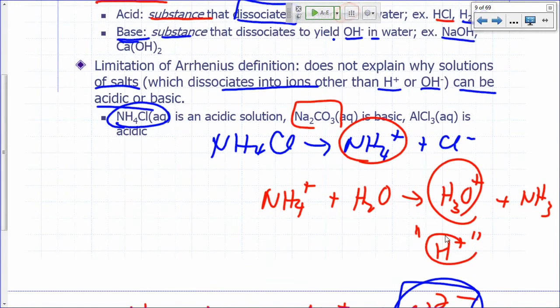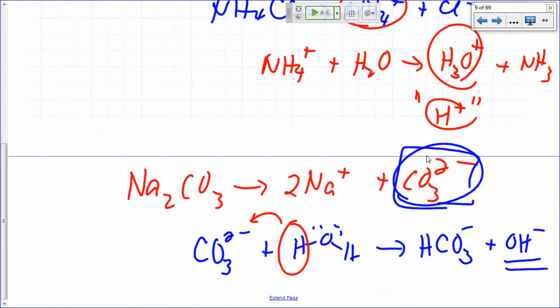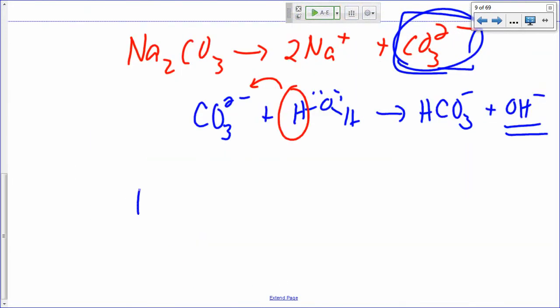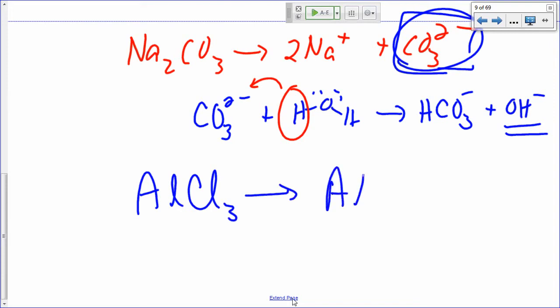Aluminum chloride is another example. Aluminum chloride gives you aluminum ions and chloride ions. Where's the H+ there? No H+ there. But if you put aluminum chloride in water, you're going to get an acidic solution.